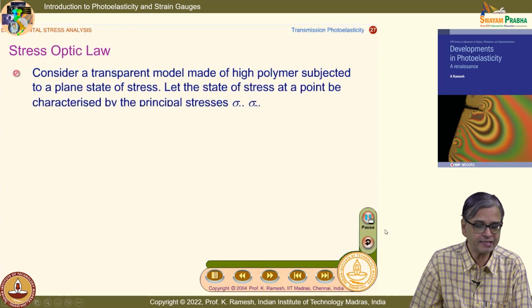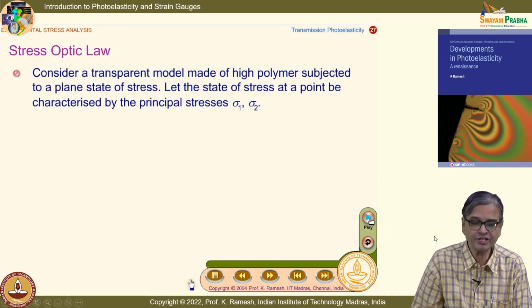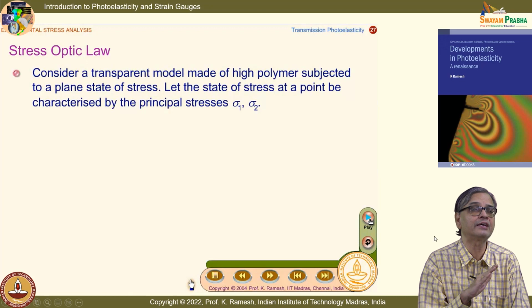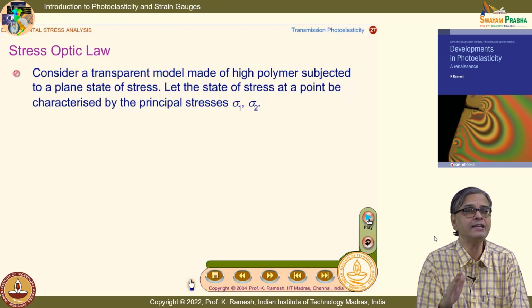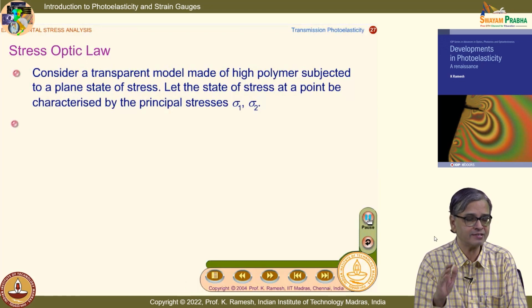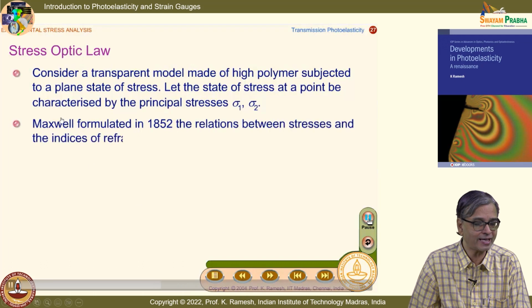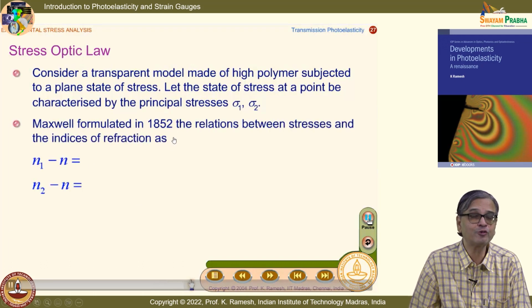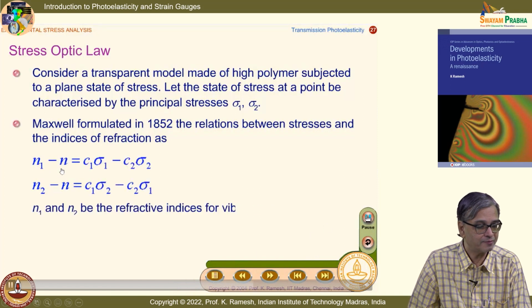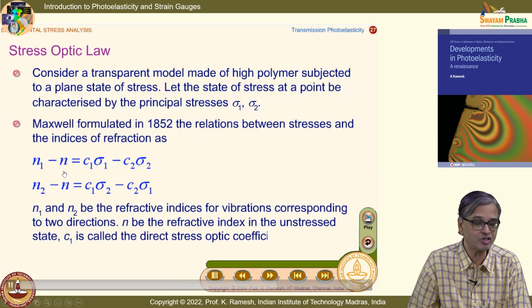What you find is, there is a relationship possible between stresses and the refractive indices. This was credited to Maxwell in 1852. He formulated that. So you have the refractive index N, which is independent of the ordinary and extraordinary ray.